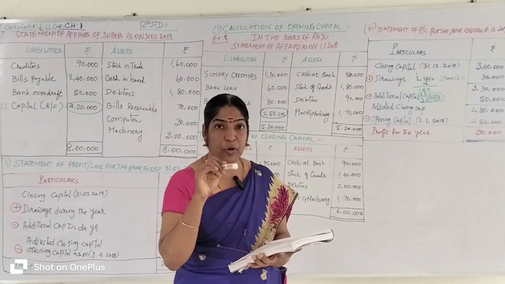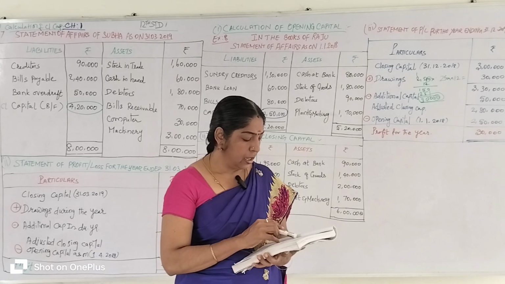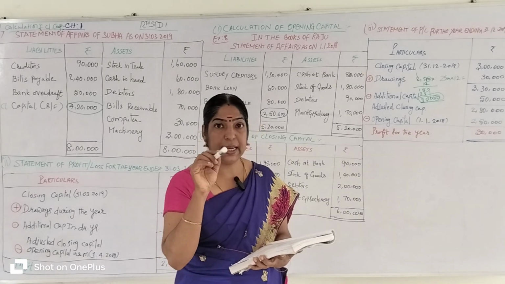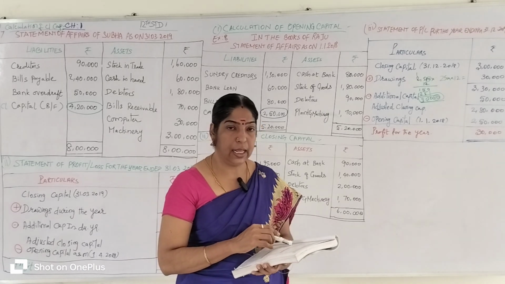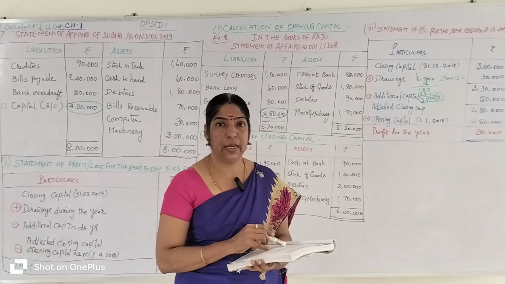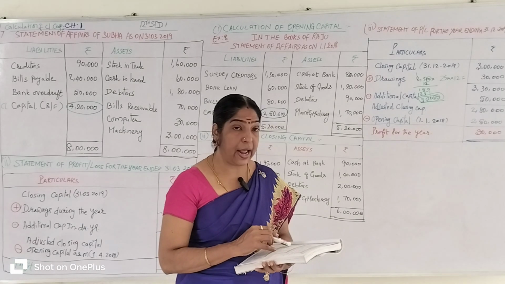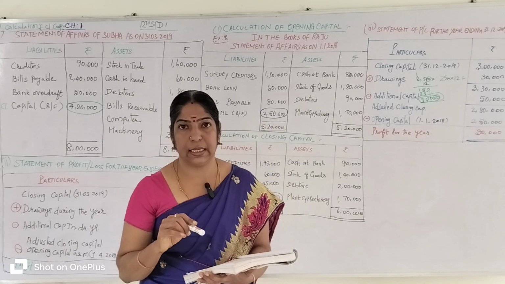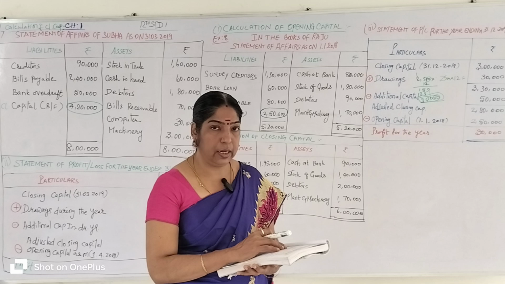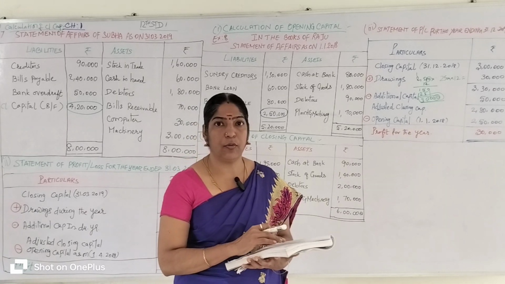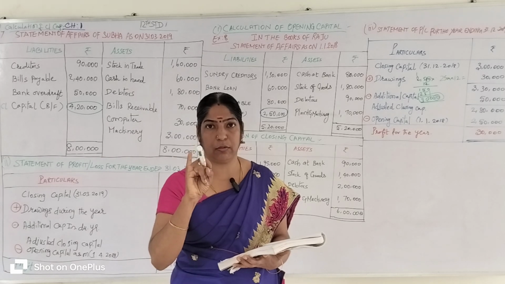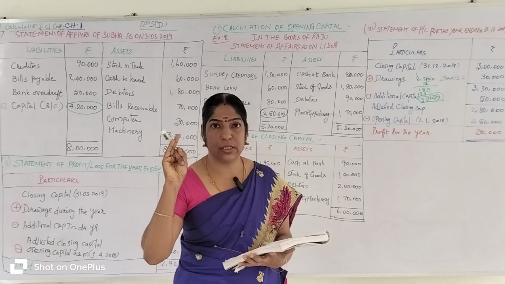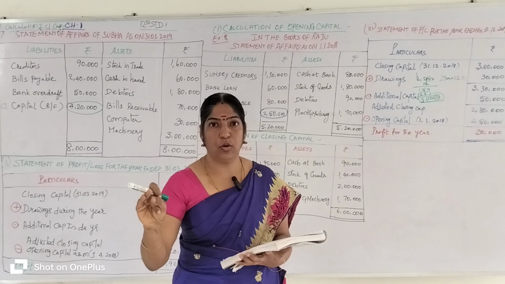And debtors, A. Sundry creditors means L. L means what? Liabilities. Bank loan means what? Liabilities. Bills payable means liability item. Plant and machinery means what? Asset item. So we have written here roughly what we have to do. We are going to find out opening capital. First calculation is opening capital, and second calculation is closing capital.